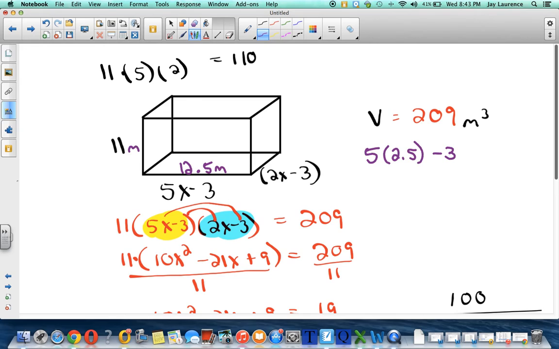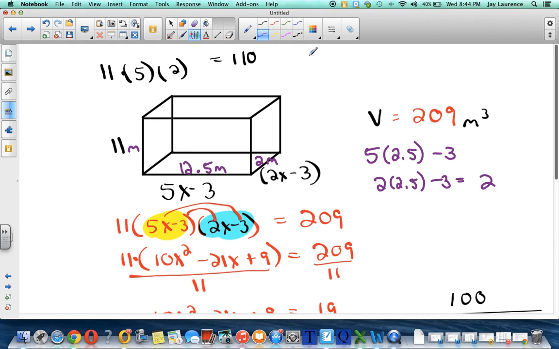This one's 11 meters. And then I'm going to do 2 times 2.5 minus 3. And that'll be 2, I think, right? 2 meters? Yeah, 2 times 2.5. Yeah, that's right. Okay, so now, just to check my work, I'm going to get 12.5 times 11 times 2.